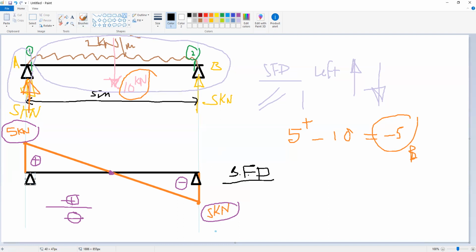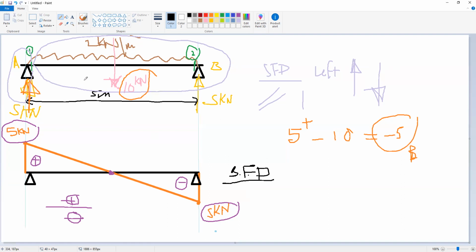Can you reverse the shear as well? Like section 2 is positive and section 1 is negative. Section 1 cannot be negative for this one. What do you mean by section 1 negative and section 2 positive?